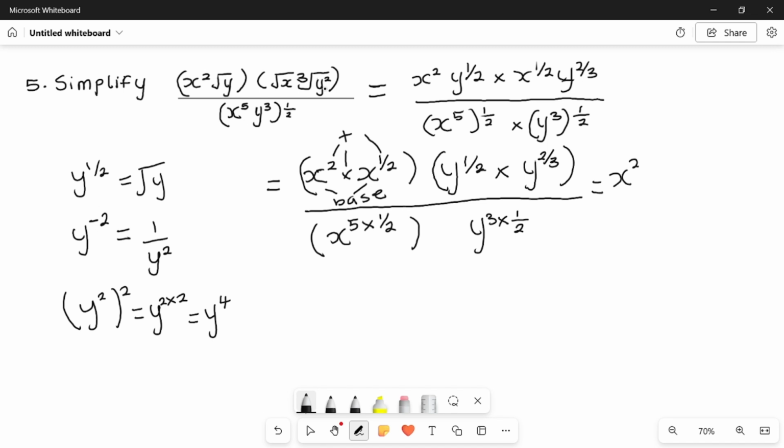So it will now be 2 plus 1 over 2, times y raised to power 1 over 2 plus 2 over 3, all over 5 times 1 over 2, which is simply 5 over 2. It will now be x raised to power 5.